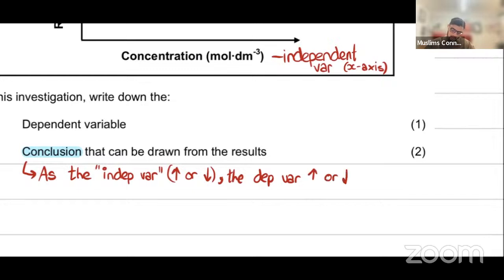Obviously, you're not going to say increases or decreases; you're going to choose the correct one for the particular example.